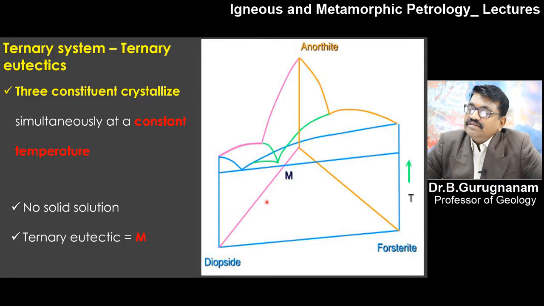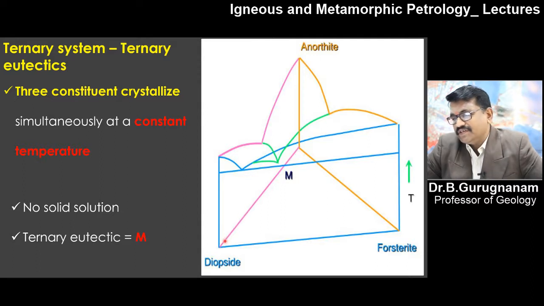Anorthite here, diopside here 100%, forsterite here. So the blue line is the forsterite phase, the orange line is the anorthite phase, and the pink line is the diopside phase. Assume like this.